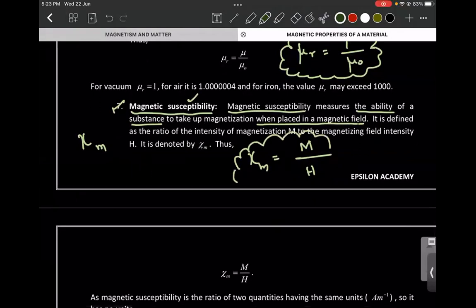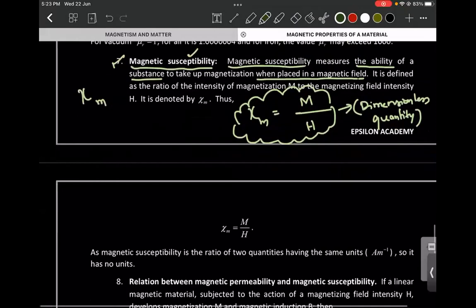The most important point to note here is it is a dimensionless quantity. It doesn't have any unit because the units of intensity of magnetization and magnetizing field intensity are the same.